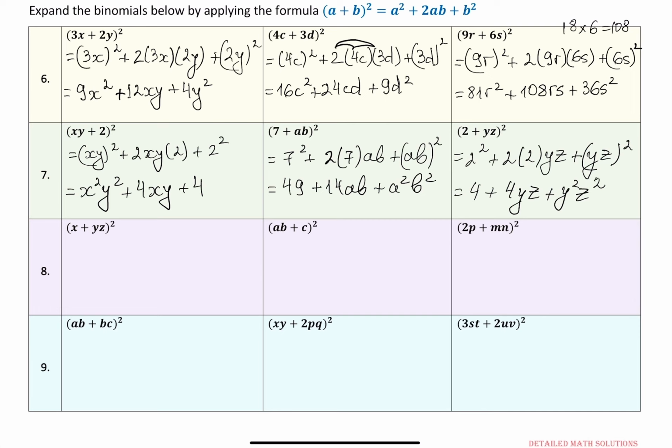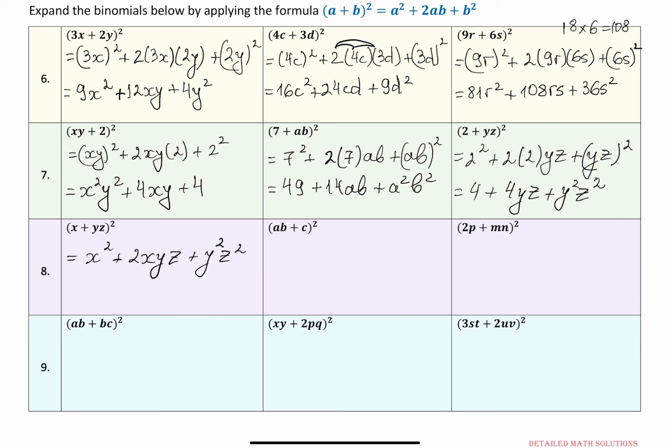Next, (x plus yz) squared equals x squared plus 2xyz plus (yz) squared, which I'm directly going to write as y squared z squared.